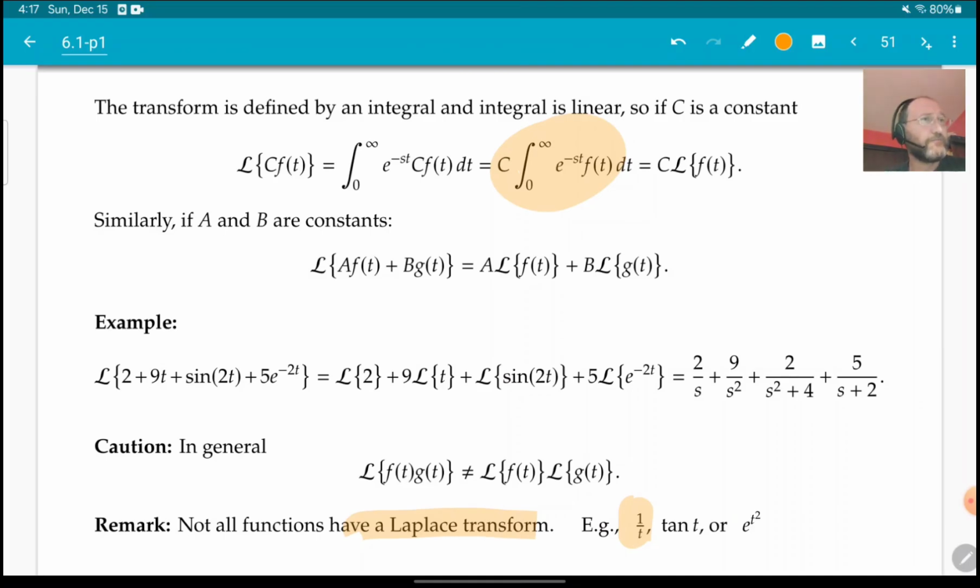Even if you write it as an improper integral, it won't exist. There's that blow-up at t equals 0. Now it's even worse with something like tan of t, which blows up not just at 0 but at a bunch of places. Or it could blow up really fast at infinity, like e to the t squared, which also doesn't have a Laplace transform because e to the t squared blows up too fast as t goes to infinity.